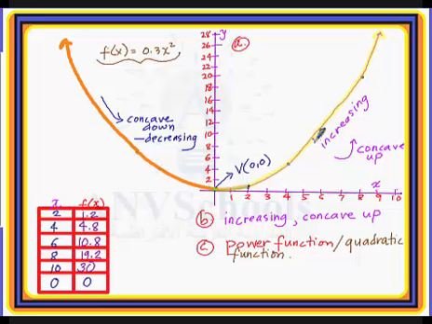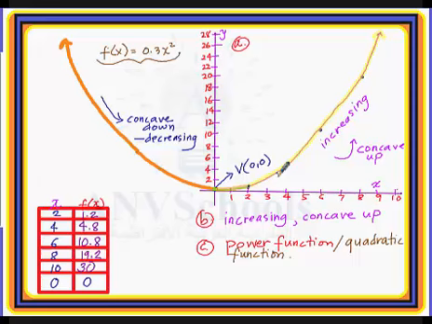Okay, so for letter C, the answer is a power function or a quadratic function. Whereas the function values given would define a quadratic function because the domain is restricted from 2 to 10, whereas the letter A, which is 0.3x squared, is totally devoted to a quadratic function.